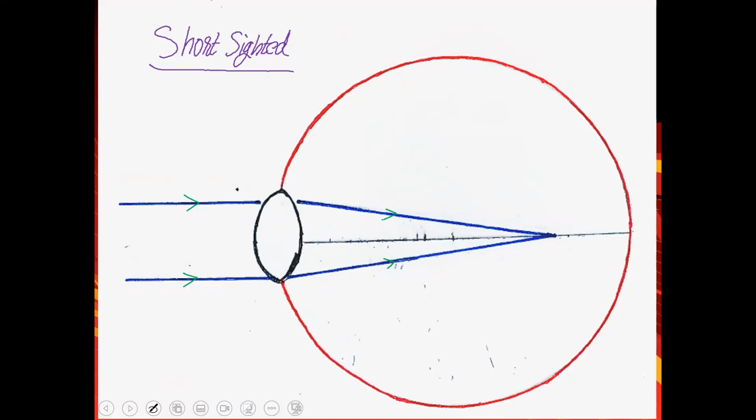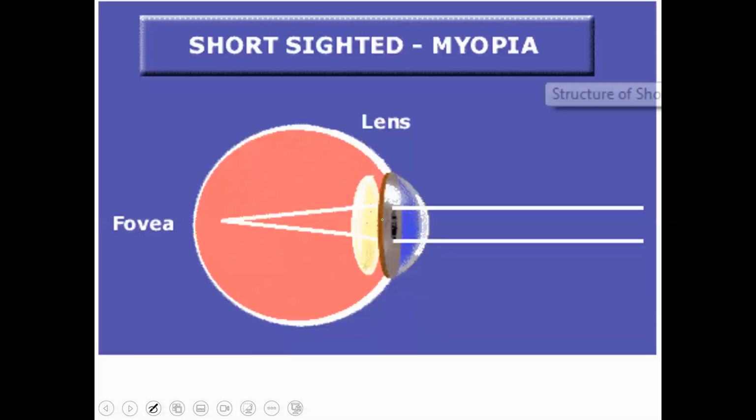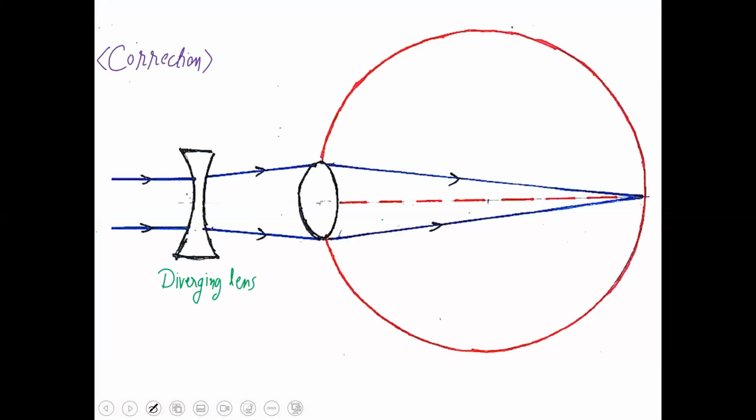This is called the short-sighted problem. Now look at this person's correction. We are putting a diverging lens to help that guy, and now the person can view distant objects clearly. How is this possible? Because they have put a lens which is a diverging lens.